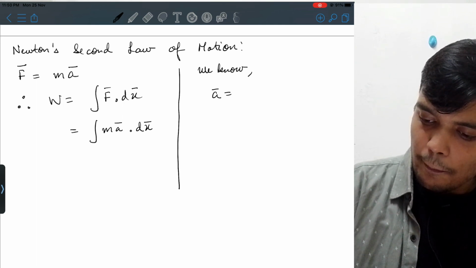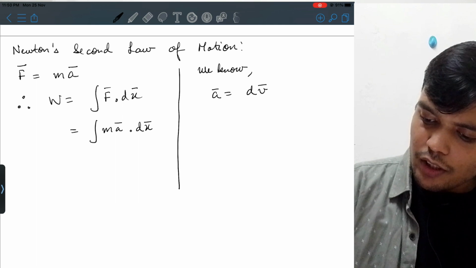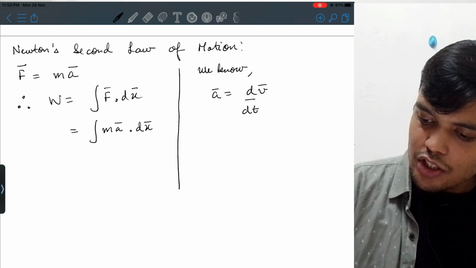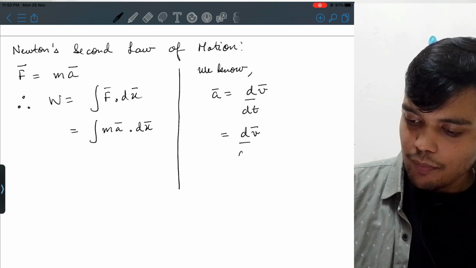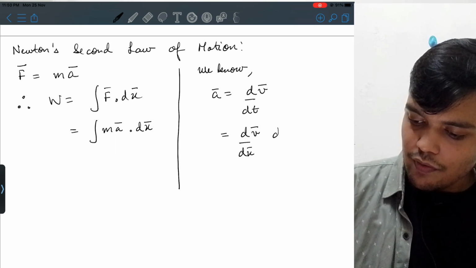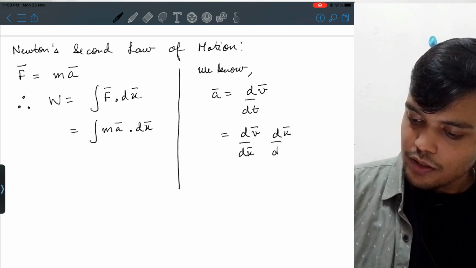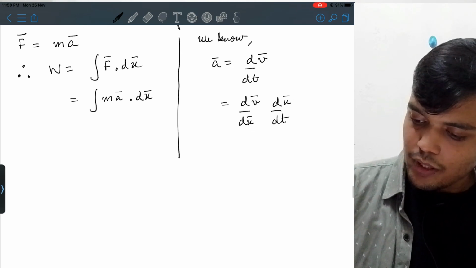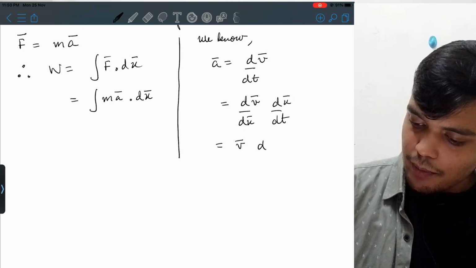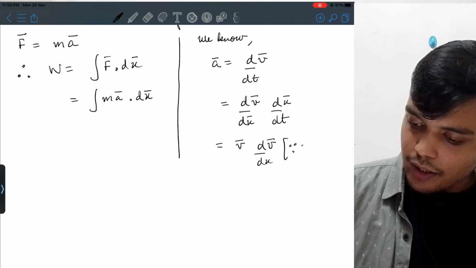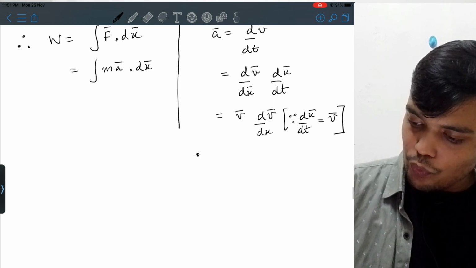We know acceleration is equal to change in velocity per unit time, which can be written as dv by dt, which can be further written as v dv by dx, since dx by dt is equal to v.